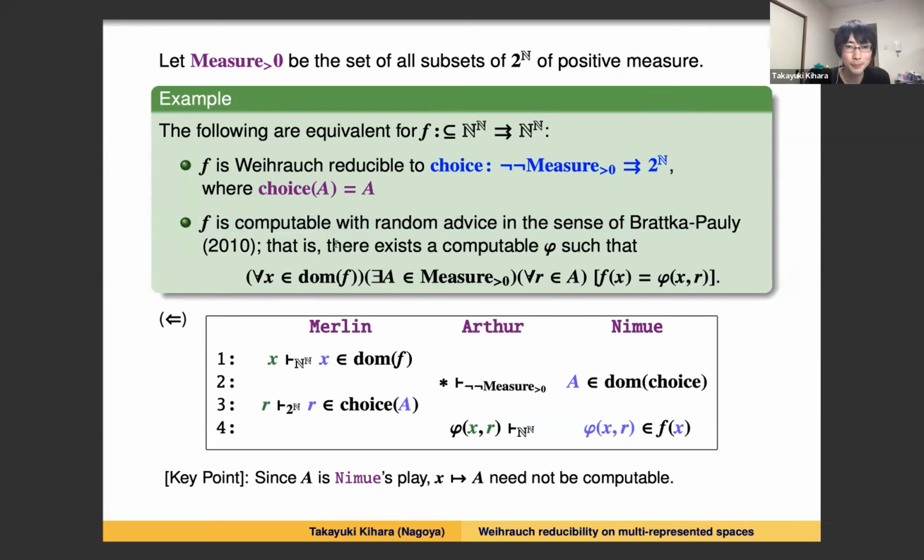This means that there exists a computable function phi such that for any input X of F, there exists a positive measure set A, and F can be simulated by phi if some suitable random parameter is fed into phi. So we can characterize the notion of computability with random advice using this kind of choice function on double negation space.